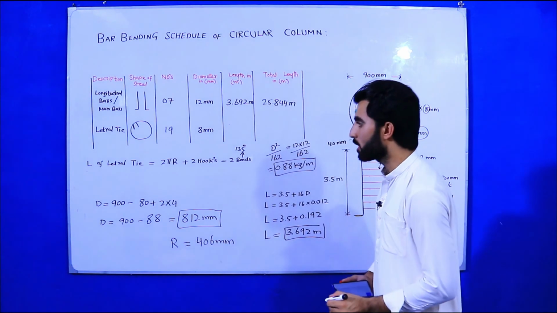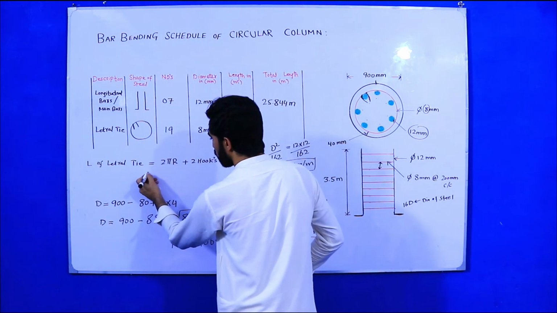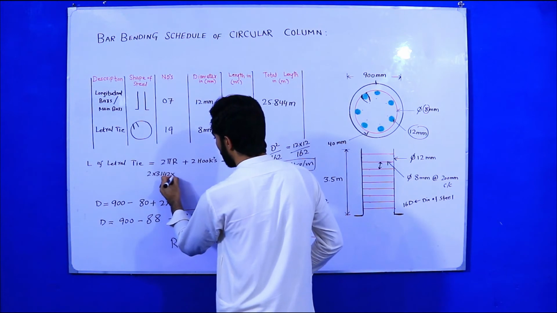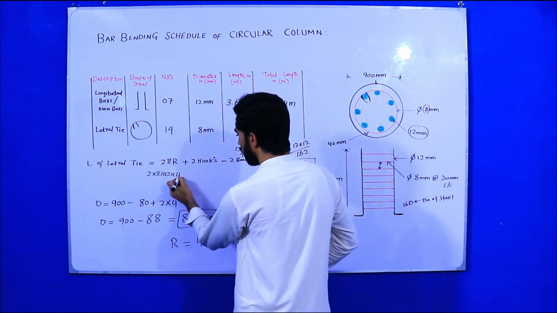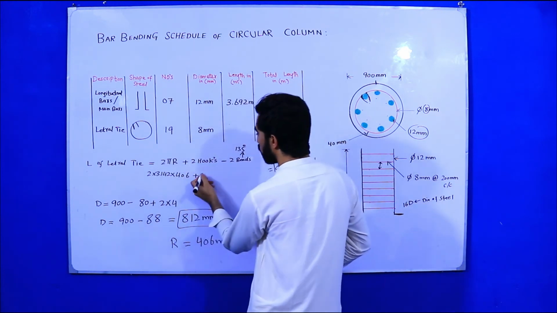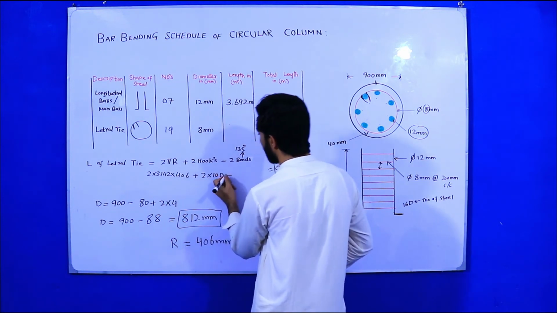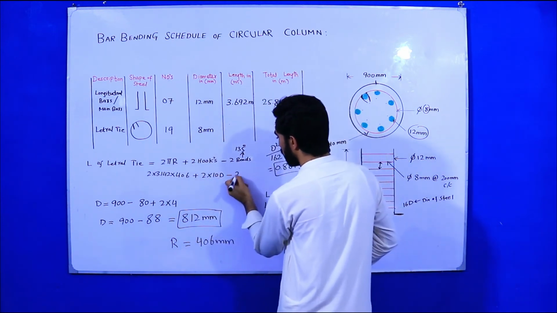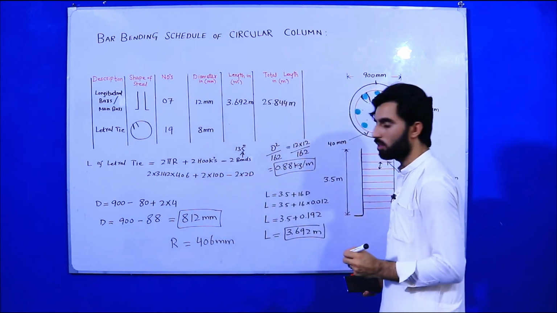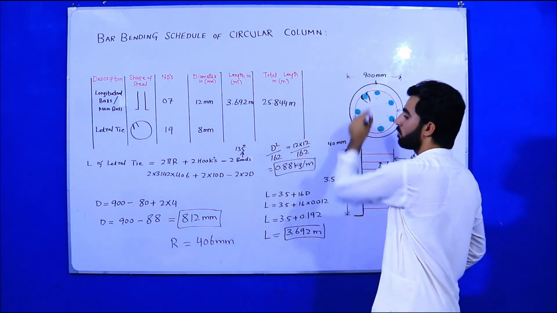You can see this is the formula: 2 multiply 3.142 multiply the radius, 406, plus 2 hooks, so 2 multiply 10D, minus 2 bends, which is 2 multiply 2D. This is the formula. Two bends will be deducted, one this bend and one the other bend.